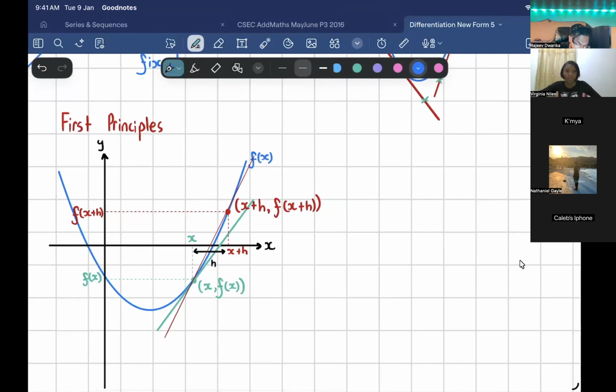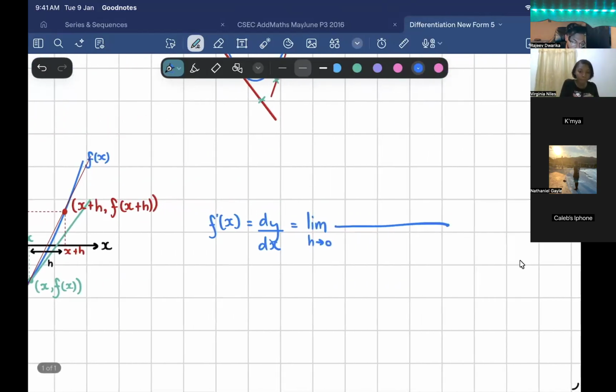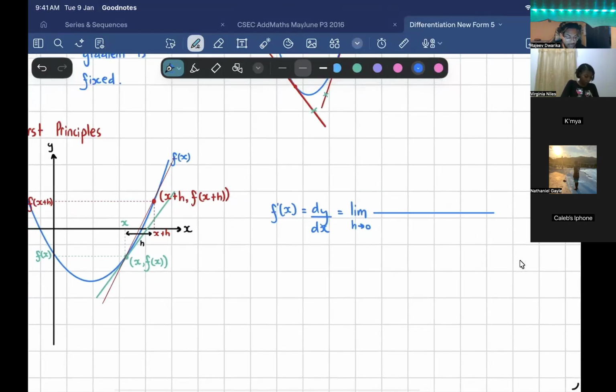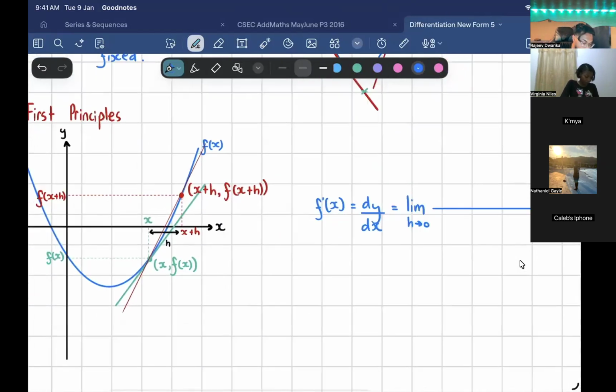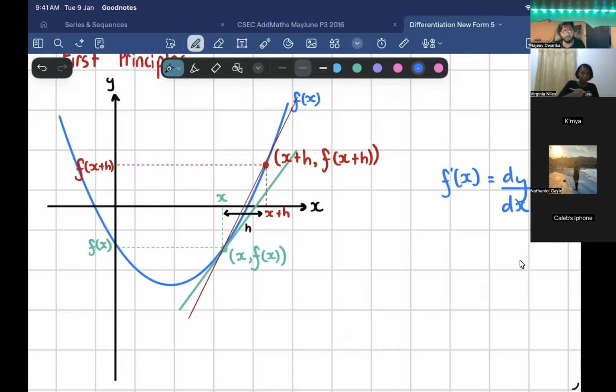So I could say that the first derivative f prime x, or dy dx, is just the limit as h approaches 0 of the approximate gradient. It's looking complicated, but it actually isn't. Stay with me. We know how to find gradients for two points along a line, yeah or no? Yeah.